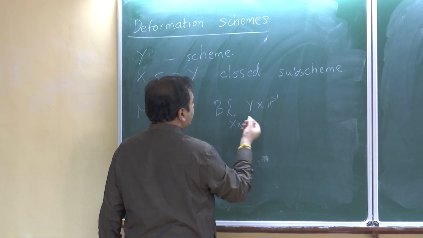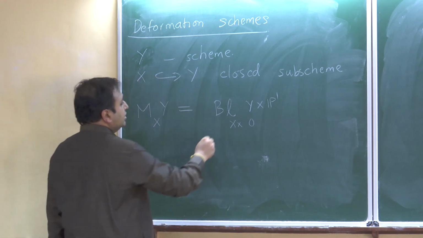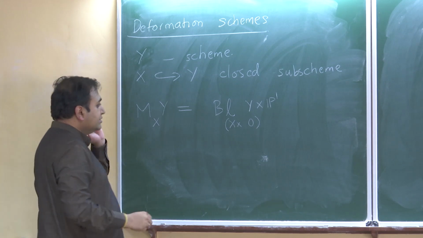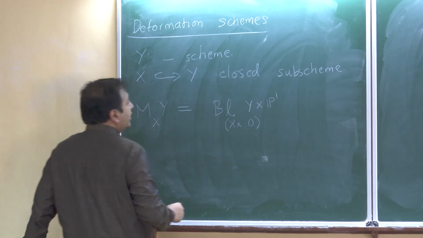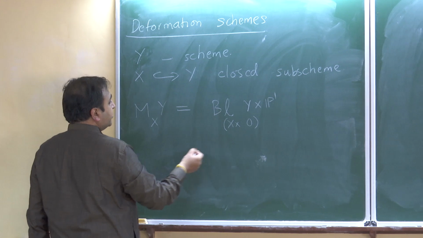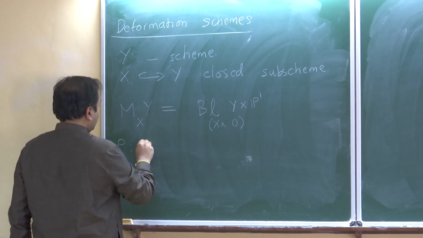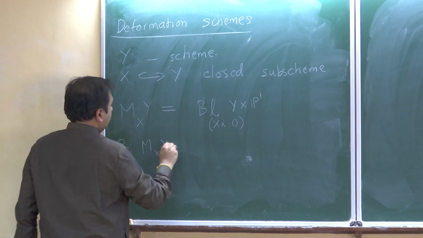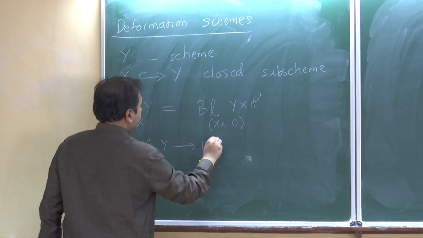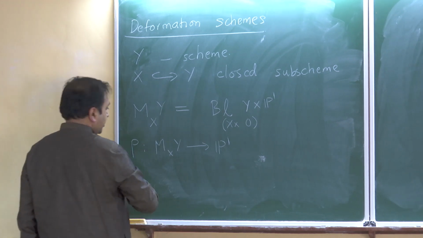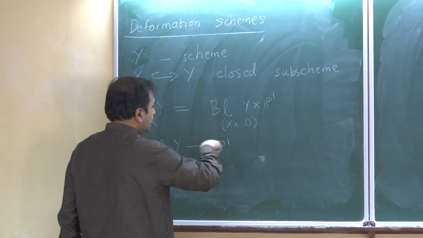Last time I was just following the notation from Fulton, so I did it at infinity, but today I'll just write 0, it's fine. And then we have M_XY to P^1, the map rho. So you basically blow down to Y cross P^1, and then you project to P^1.